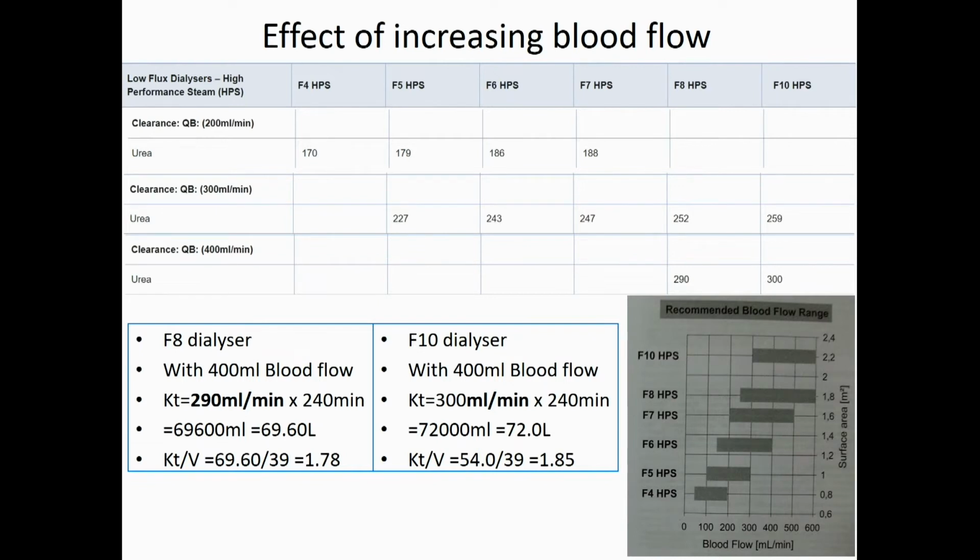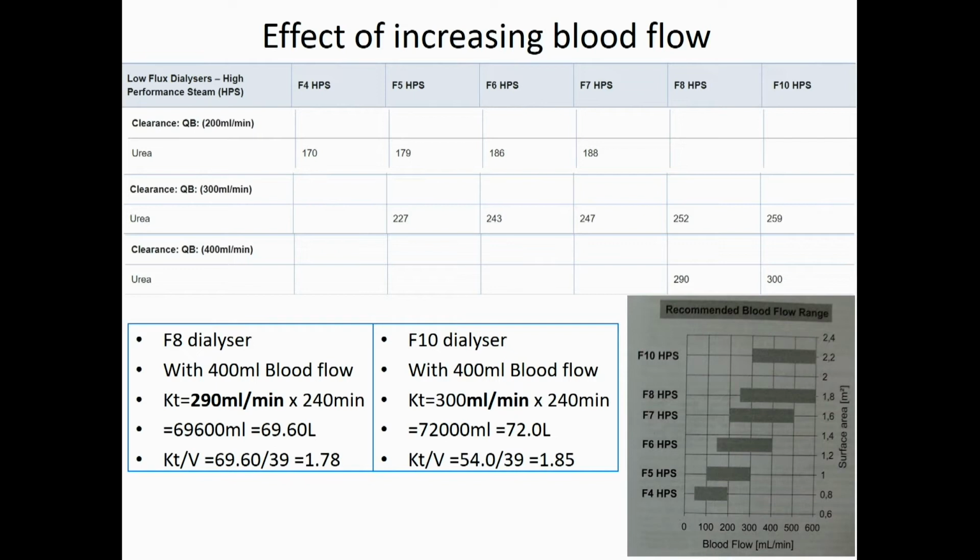So does increasing the blood flow matter? If a smaller dialyzer is used, even up to F7 you can use 200, and after that, if you stay at 200, your clearance is very, very less. If you have more than F5 or F6, you can use 300. 400 can be used with F8 and F10, when you can get a much higher clearance compared to the lower blood flow.